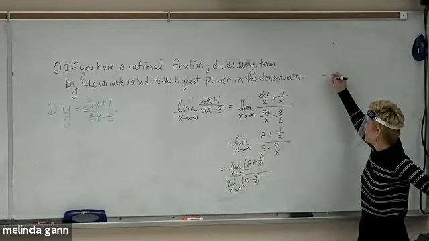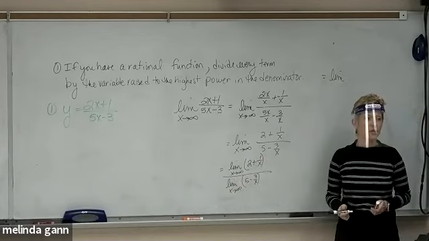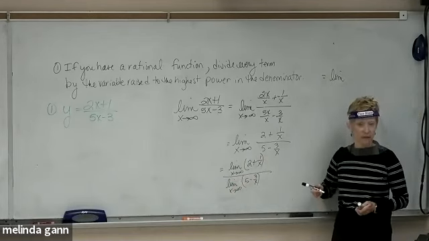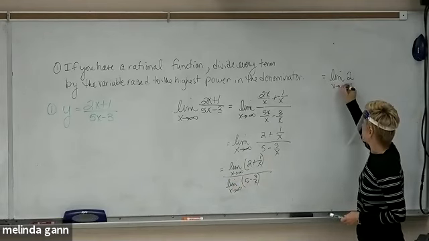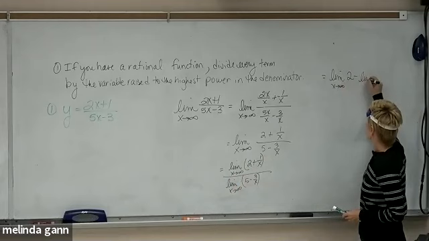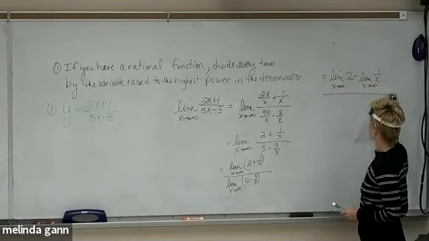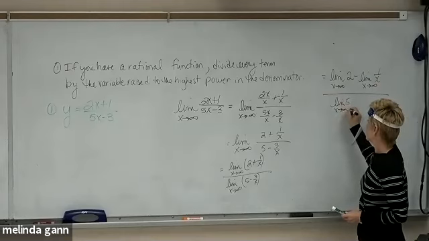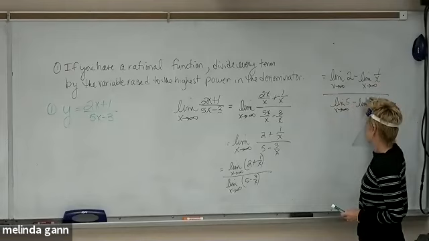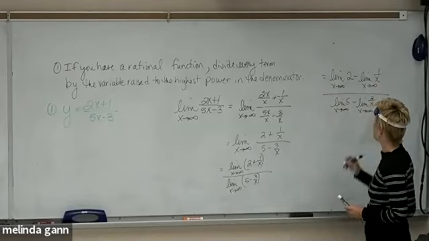And then we had another rule that said if you have the limit of a sum or difference, you could do the sum or difference of the limits. So I can separate them. So that's going to be the limit of 2 as x approaches infinity, minus the limit of 1 over x as x approaches infinity. And then I've got the limit of 5 as x approaches infinity, and the limit of 3 over x as x approaches infinity. So this is all from test 1.